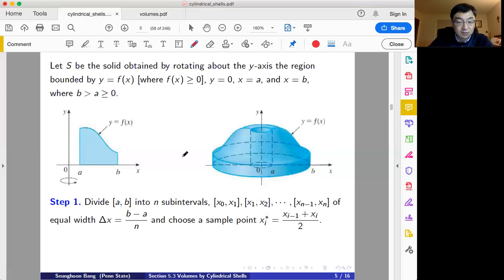So what does it mean? Just here, cut like this. This is x0, x1, x2, keep going. The last one is xn. And cut like this.